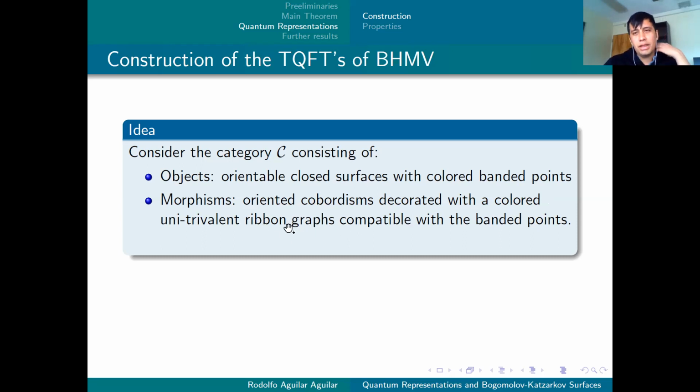Ribbon will mean something that we need to detect when we are twisting this graph. I'm not going to define it. And well, the compatibility with this. So when we have this category, a 2+1 TQFT is a functor, as I was saying, from this category to finite dimensional vector spaces, plus axioms.